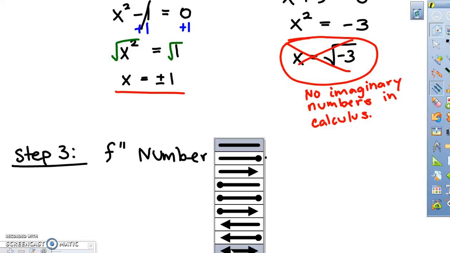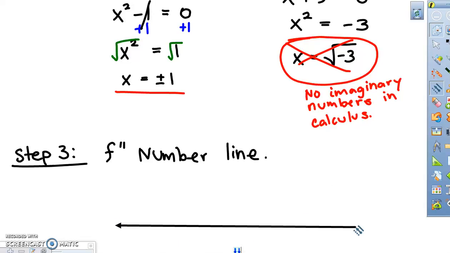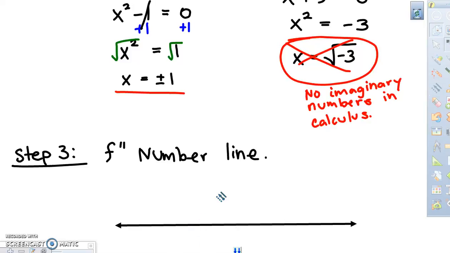We have negative 1 and positive 1, and pick some test values like, I don't know, negative 2. A nice one between negative 1 and positive 1 is 0. If you can use 0, always use 0 as a test value, and positive 2.